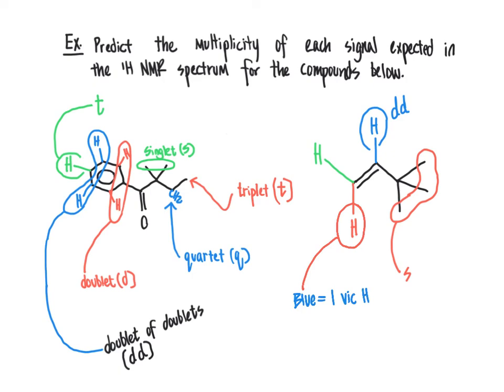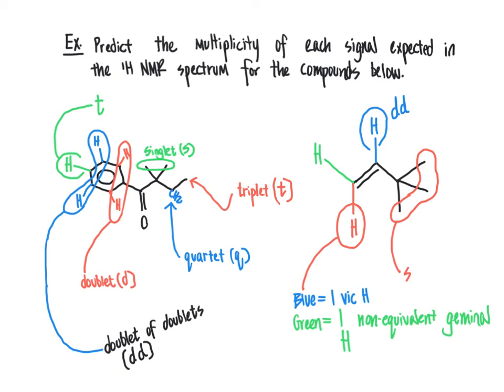However, there is also in green one so-called non-equivalent, non-interchangeable geminal hydrogen. Remember that geminal means hydrogens that are directly bonded to the same carbon atom, where vicinal meant that the two hydrogens are directly bonded to adjacent carbons.